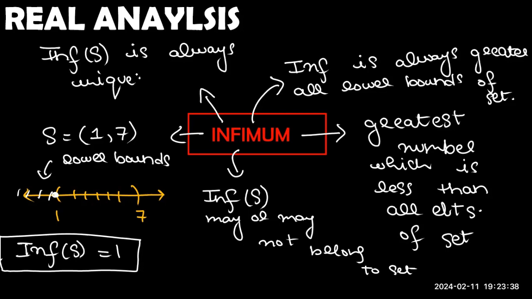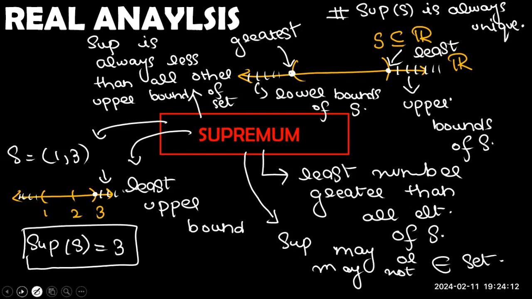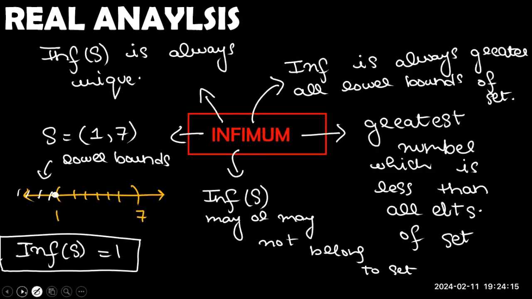So any subset of real numbers has only one supremum and one infimum. There exists not more than one. Only one supremum is allowed, and similarly only one infimum is allowed.